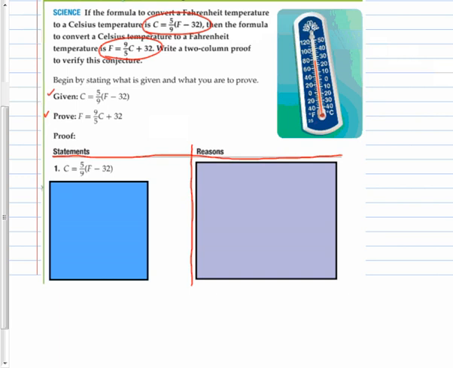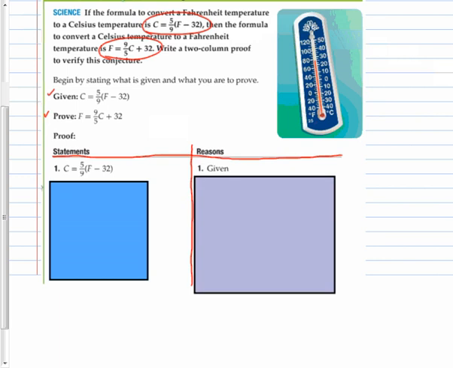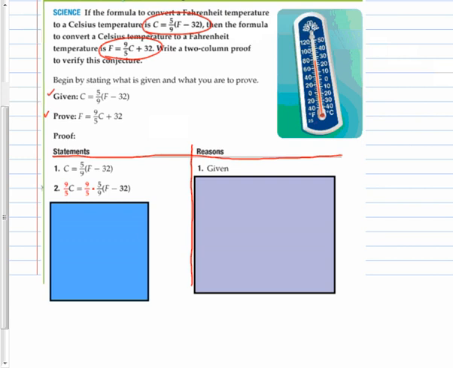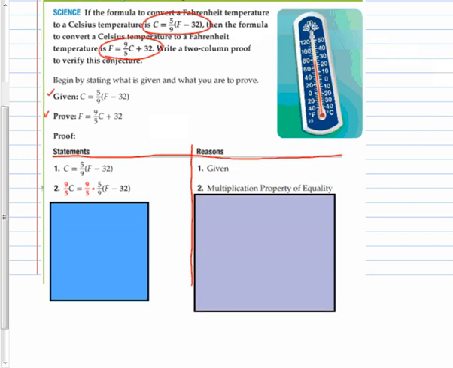What's the reason we can write number 1 down? They gave it to us. Precisely. It was given. So then what did they use? Multiplication property of equality. They multiplied both sides by 9/5. There it is. Multiplication property of equality.